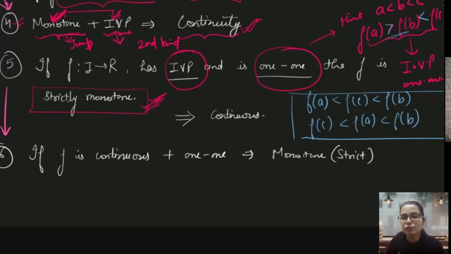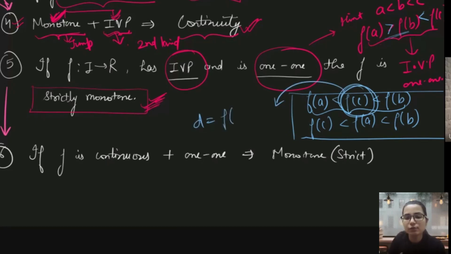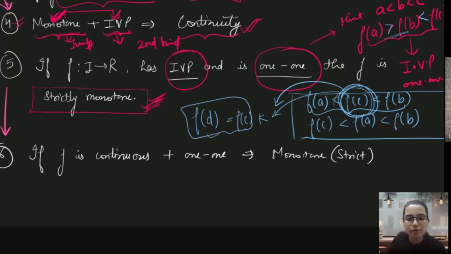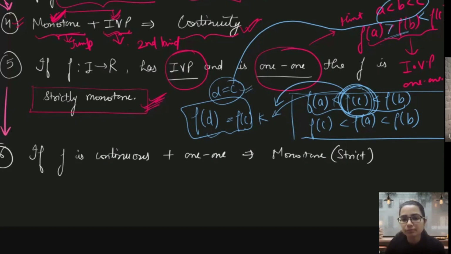And in those two cases, if you apply the intermediate value property, there will be some D such that f of D is equal to this K. And since f is 1-1, this means D is equal to C, but this is a contradiction to the fact that we took A less than B less than C. D belonged to A, B, and C is a different point.